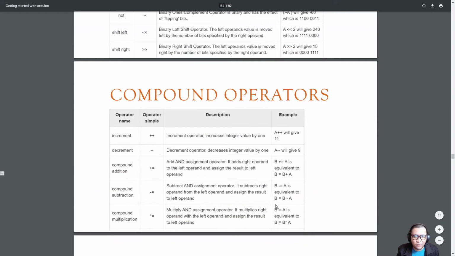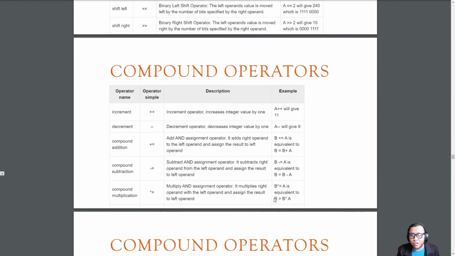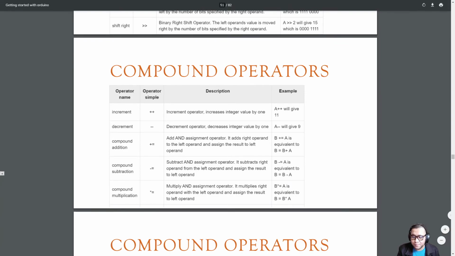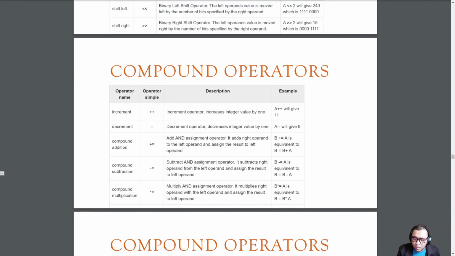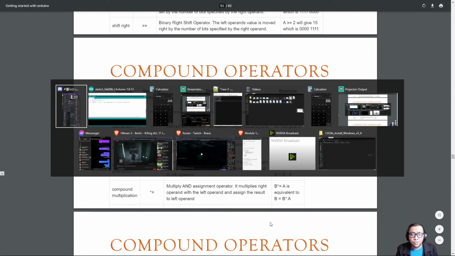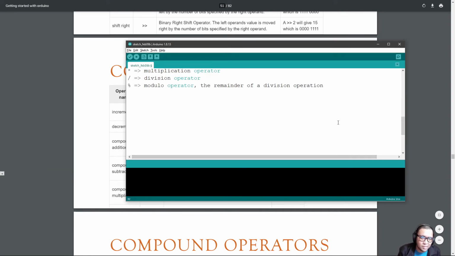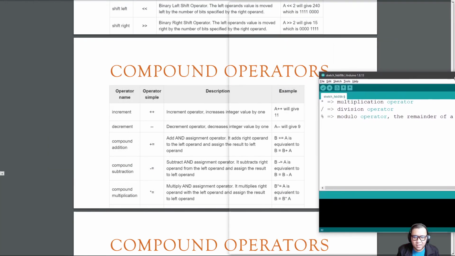Now, let's move on to compound operators, or what we call compound assignment operators. Just a quick assignment. Wait lang, let me assign. There. I think it should work out for you. So now, let's go back to the assignment operator that we have discussed earlier.